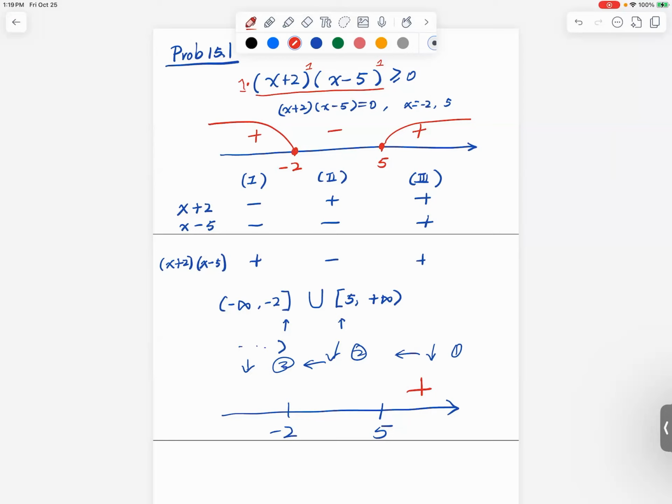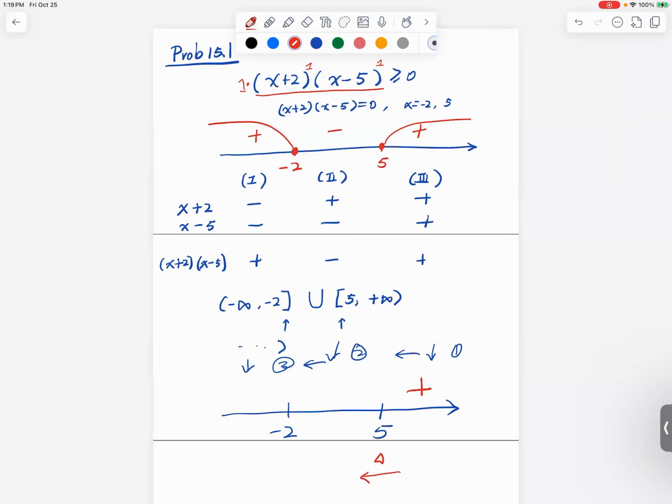Then you move towards the left. Every time you pass a simple root, there's one and only one term in the expression that changes sign. For example, in this case, x plus 2 will not change sign as we move across the number 5, but x minus 5 is going to change from positive to negative.